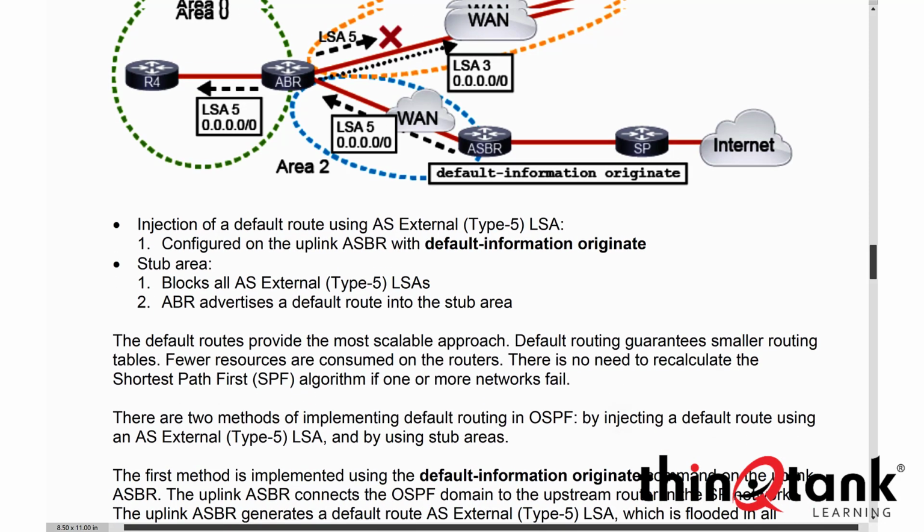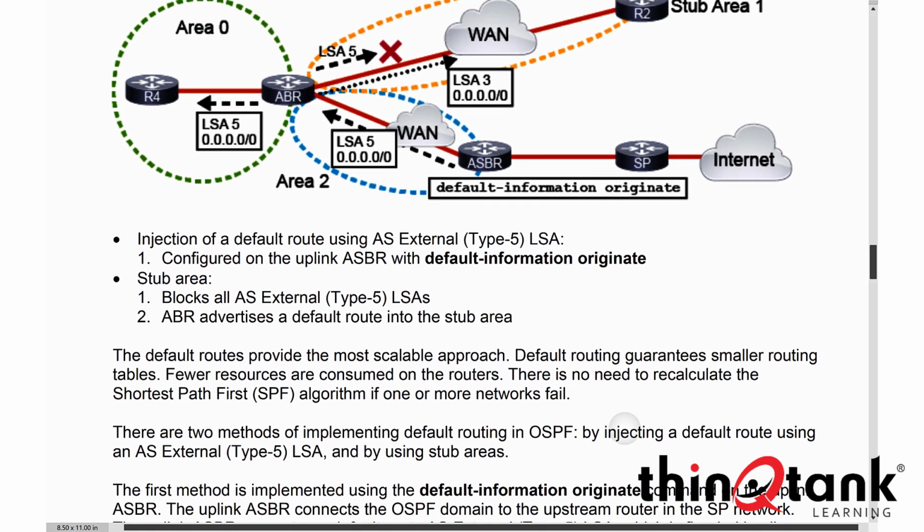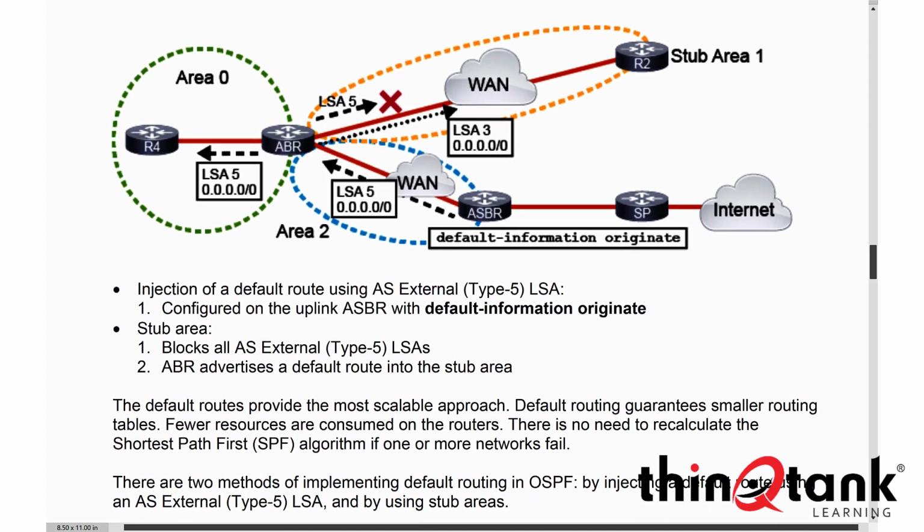Okay? Now, default information originate does not have to be implemented on an ASBR. Well, let me rephrase that. By implementing default information originate, you're essentially making that router an ASBR because it's always going to generate type 5 LSAs or potentially type 7s if it's an ASBR in an NSSA or totally NSSA.